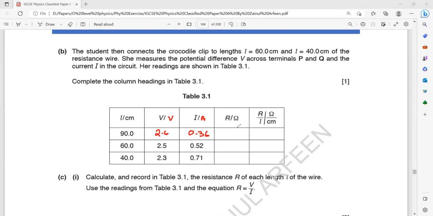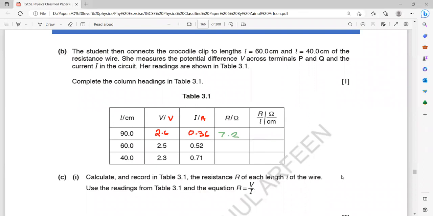Now complete the value for the resistance. How to get the resistance? Voltage divided by current. So 2.6 divided by 0.36. What's the answer for this? 7.2.